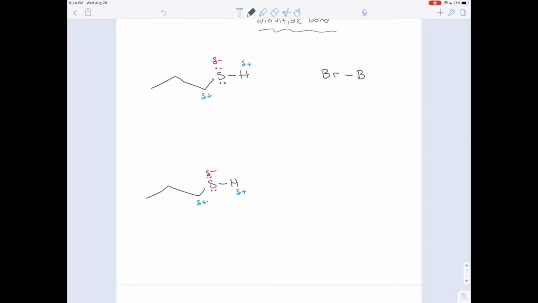Br2. Now, bromine bonded to bromine, each of these bromines has equal electronegativity, and so there isn't going to be a partial charge on either of the bromines. There's no reason for these electrons to prefer one bromine to the other.